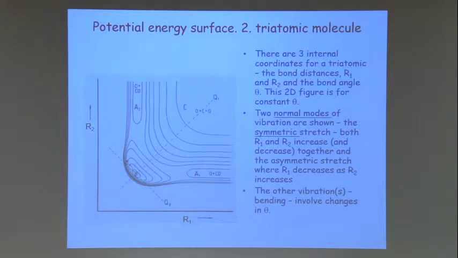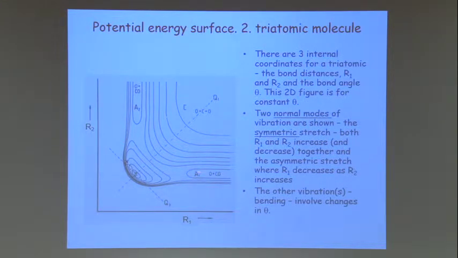Now, let's have a look. We showed a potential energy surface for a diatomic molecule. Let's have a look at what it looks like for a polyatomic molecule. This is a triatomic; I'd find it hard to do anything more complicated than this. There's one bond distance, there's the other bond distance.